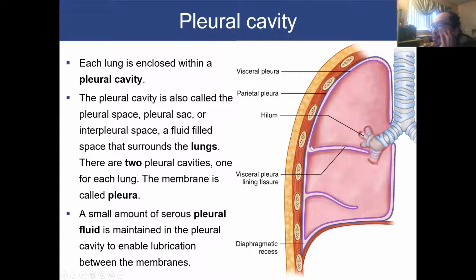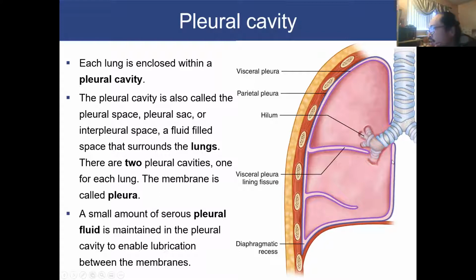You can see that the one that forms the fissure, separating the lobes of the lung, is the visceral pleura. This visceral pleura physically separates the right lung into the superior, middle, and inferior lobes. So this is the visceral pleura, the membrane attached to the lung.